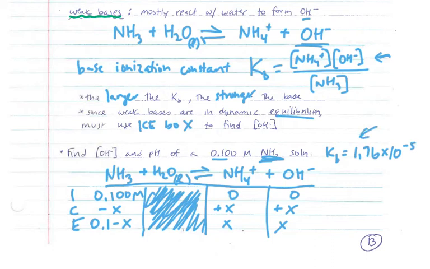We got this from a table that we looked up. And so now we have the information we need in order to solve for X. And I'm going to do this on the next page.